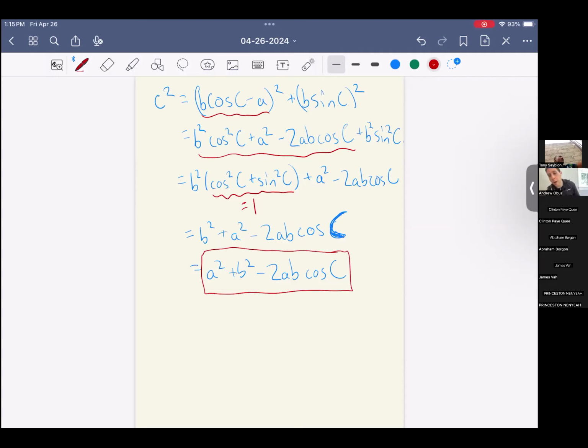Okay, so this is it. This is the law of cosines, okay? You just have to draw the triangle, and then you draw one particular altitude, and then you use coordinates to figure out the distance.